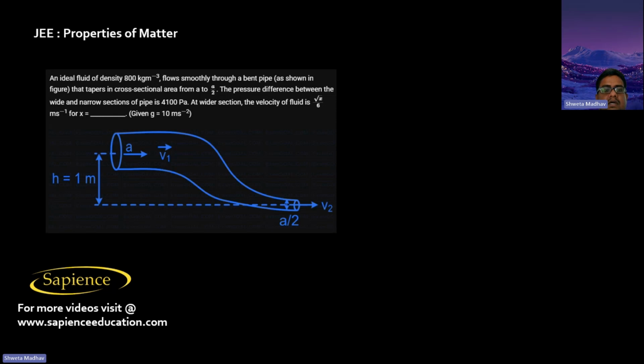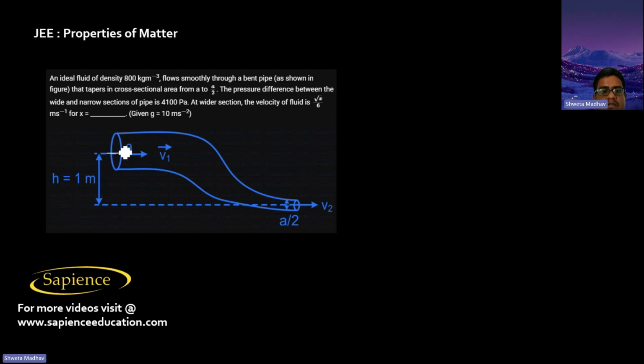And here it is told an ideal fluid of density 800 kg per meter cube flows smoothly through a bent pipe, as shown in the figure, that tapers in cross-sectional area from A to A by 2.